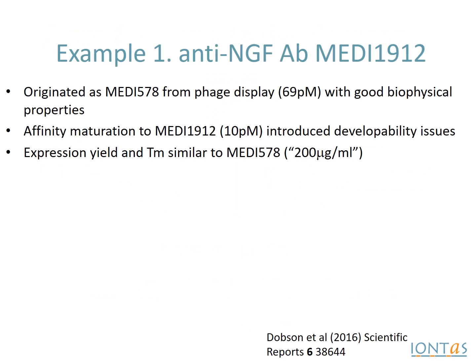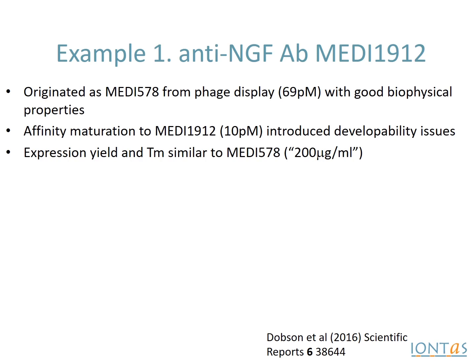The first of these is an anti-NGF antibody created by Medimmune from phage display. The original antibody was a pretty good antibody, with an affinity of 69 picomolar and good biophysical properties. The antibody, however, was affinity matured to improve the affinity. In so doing, various developability issues were introduced.